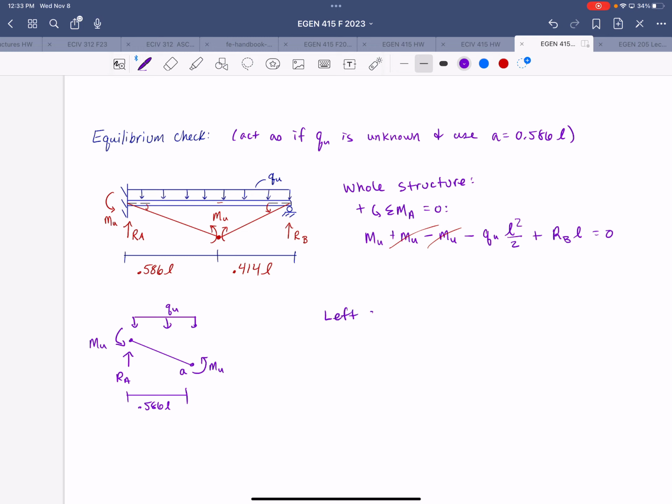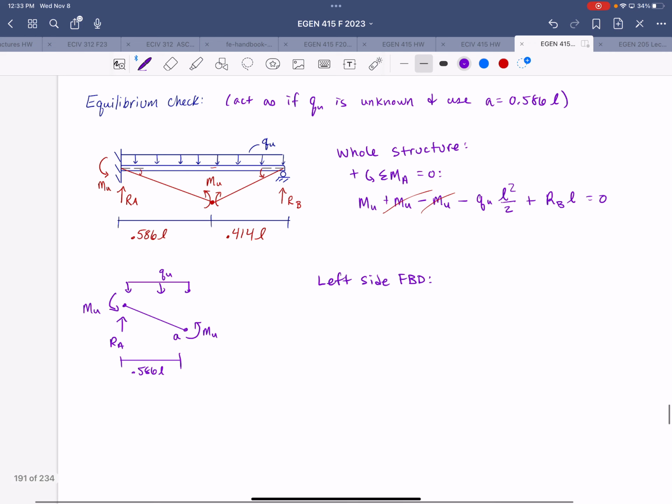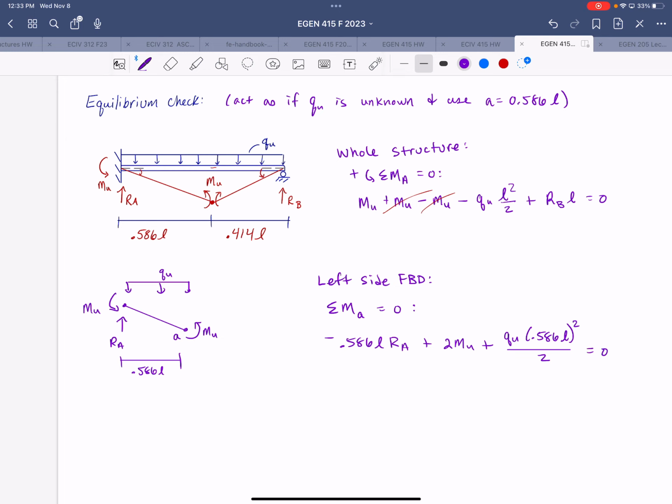So we'll look at the left side equilibrium equation, summing moments about little a. We get negative 0.586 times L and RA plus 2Mu plus Qu times (0.586 L) squared over 2 is equal to 0.